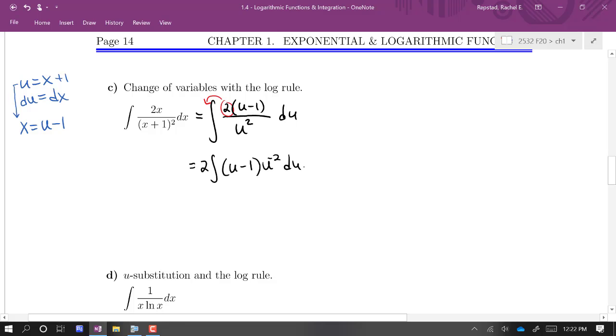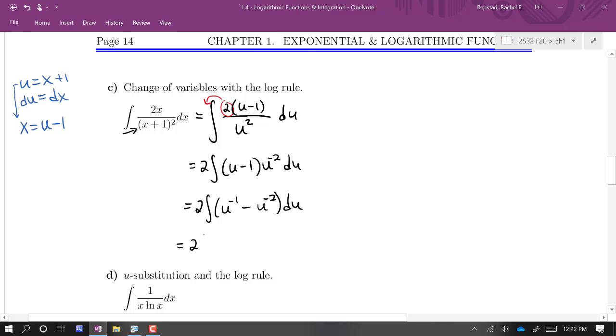But I just want us to observe what making the substitution has done. It's given us an algebraic path forward because now I can distribute that u to the negative 2. And that wasn't really much of an option up here when we had it written with x's. So when I distribute that u to the minus 2, I have u to the minus 1 minus u to the minus 2 du.